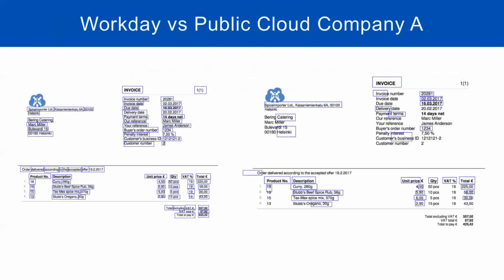Without mentioning a company name, let's just call it Public Cloud Company A. I just want to make a disclaimer here. The document you're seeing here is actually not customer data. However, I have mimicked the behavior myself in Photoshop to show where the boxes roughly would be if we're using Public Cloud Company A's product.